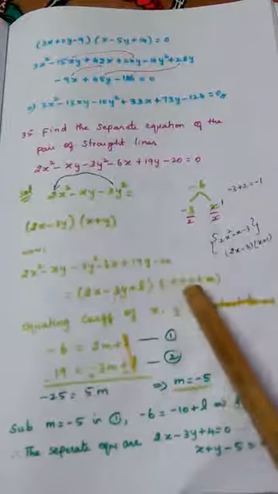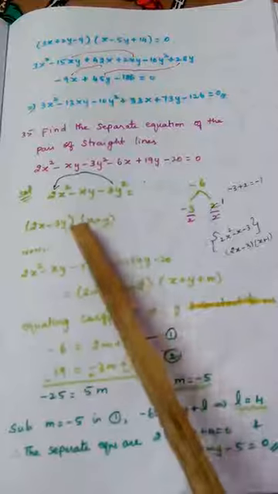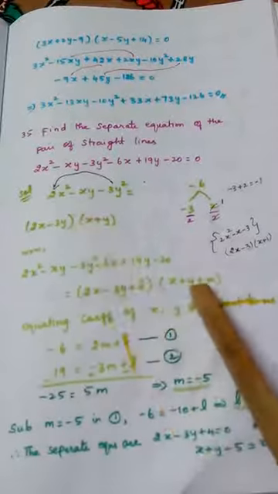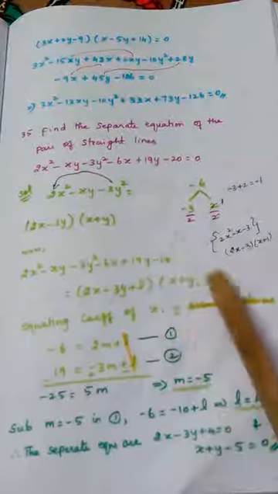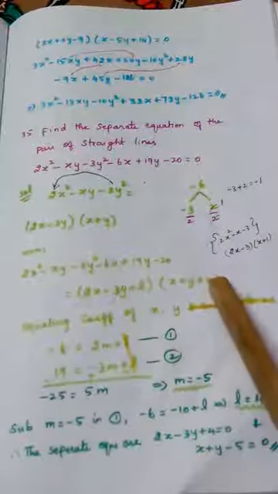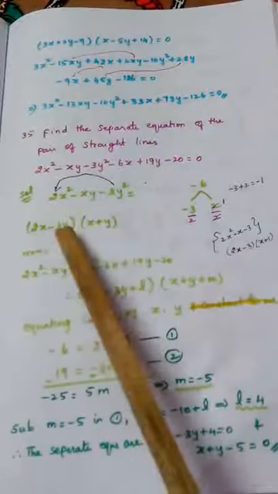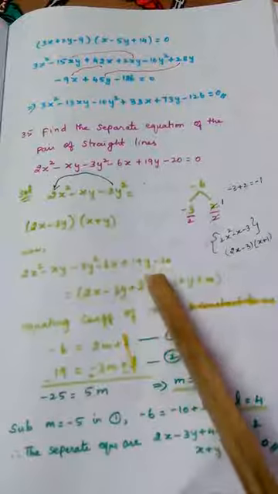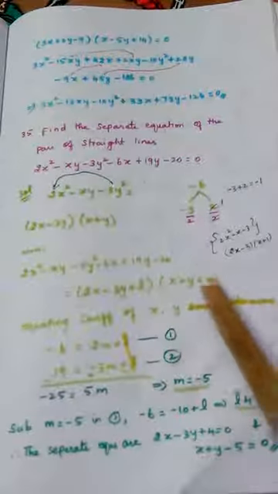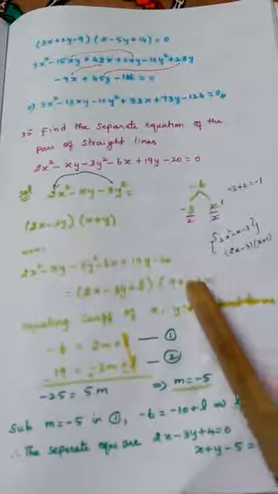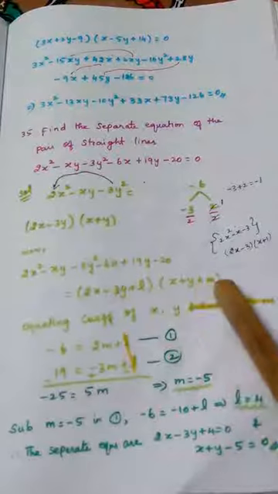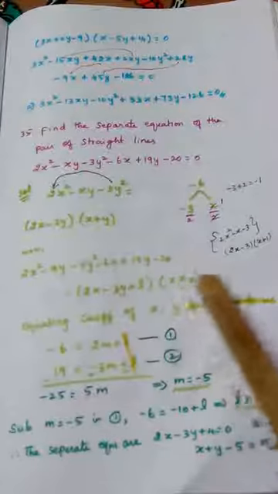You write the second factor that you found out, x plus y, with that another constant. You can even use some other variable here. You can put m here and l here, that is your wish. 2x minus 3y plus some constant, close the bracket, into the second factor x plus y, with that one more constant, x plus y plus m. Now our aim is to find this l and m.